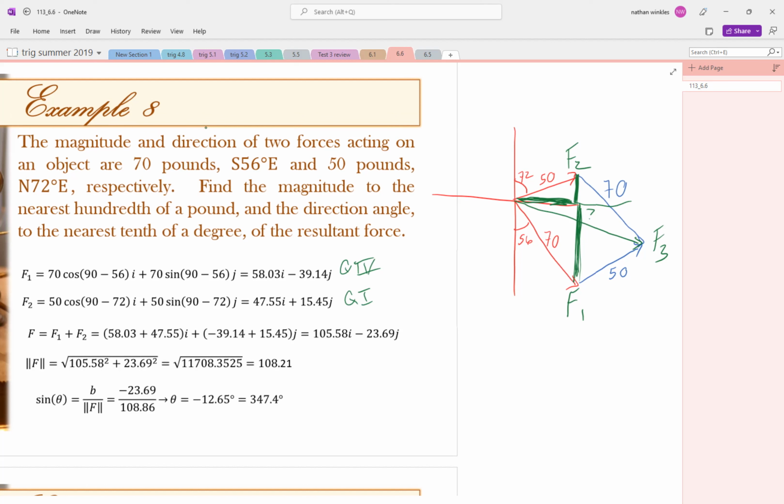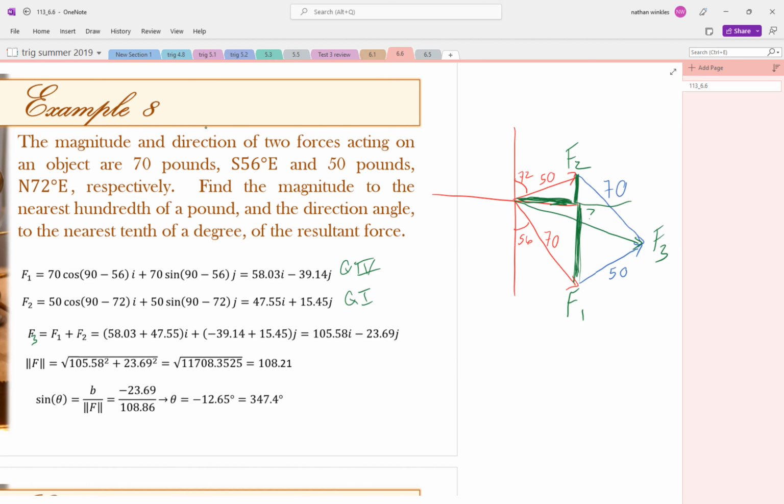So my resultant force F, also known as F3 in my case here, is going to be F1 plus F2. We add our x components, or our i components, I should say, and I'm going to add my j components. So I get 105.58 i minus 23.69 j.